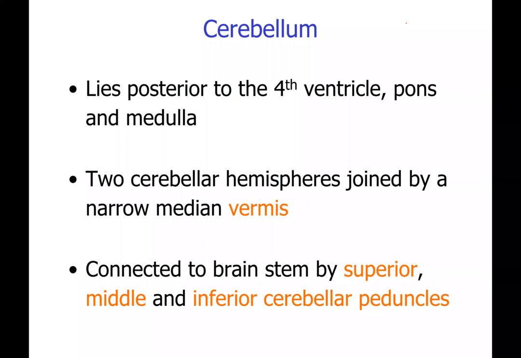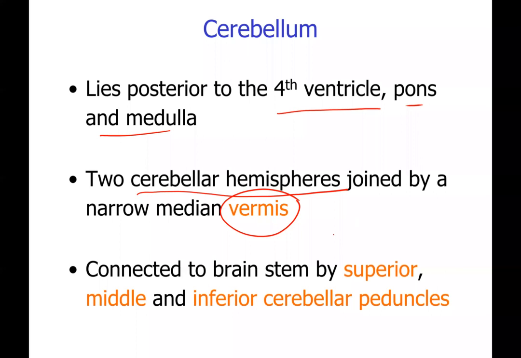About the cerebellum. The cerebellum lies posterior to the fourth ventricle, pons and medulla. The cerebellum has two hemispheres. Now the cerebrum had two cerebral hemispheres, left and right. Just like that, the cerebellum also has two cerebellar hemispheres joined by a central vermis.